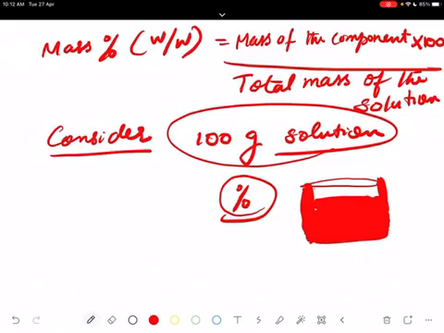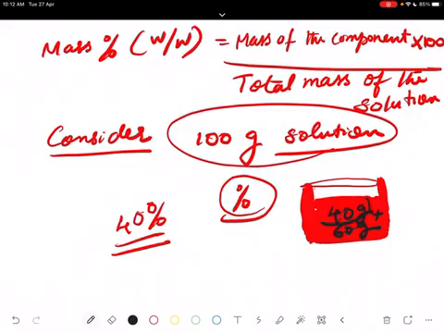So we get the amount of the solute. For example, 40% solution means 40 gram of the solute and 60 gram of the solvent.